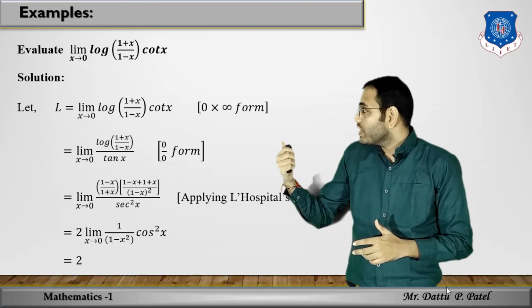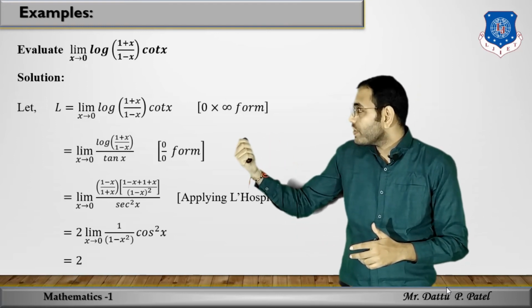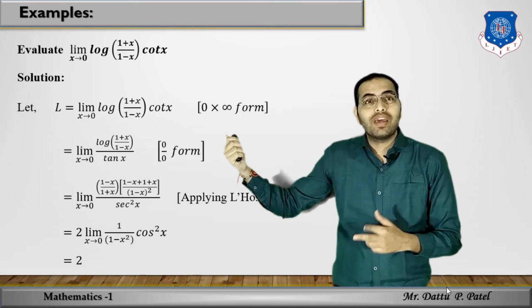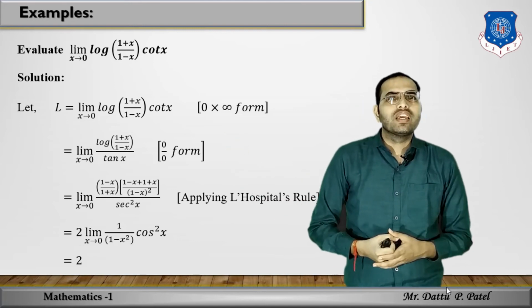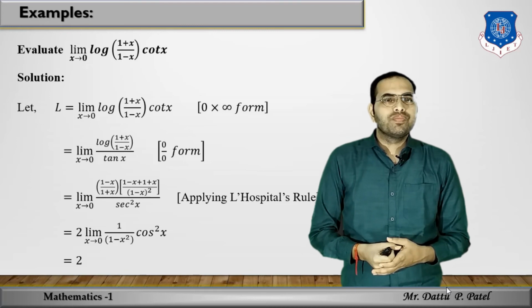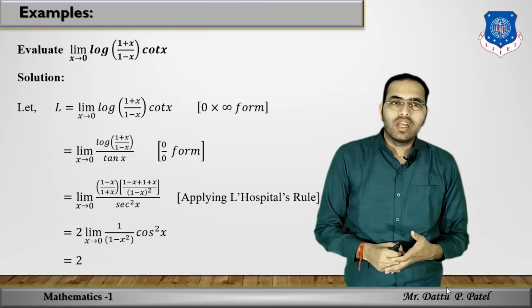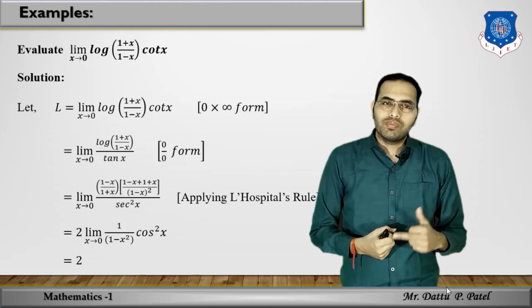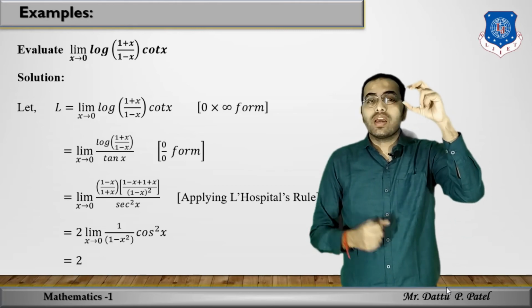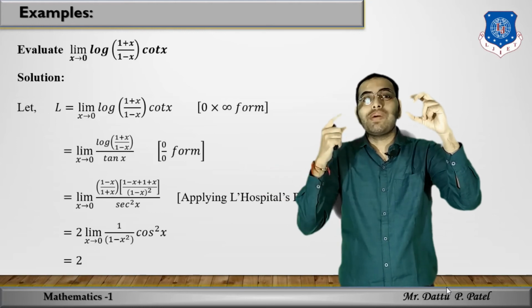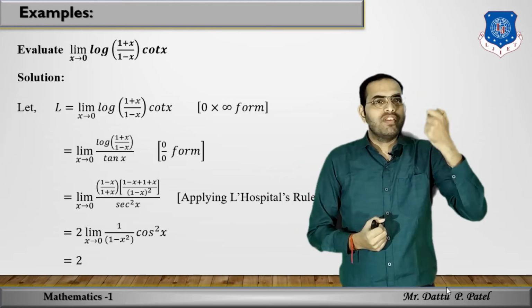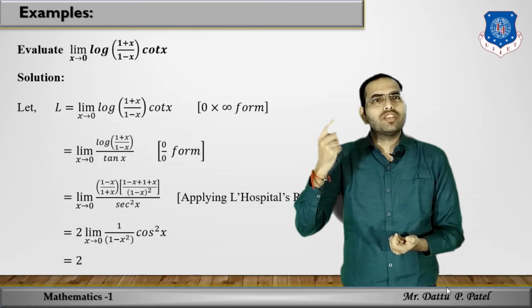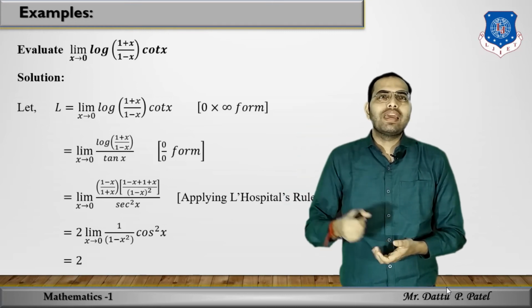Now checking whether the form is 0 by 0 or infinity by infinity, it is the 0 by 0 form. Then according to the L'Hopital rule, the derivative of log x is 1 upon x, so it becomes 1 minus x upon 1 plus x. For the remaining term, again apply the quotient rule, that is d by dx of u by v: v as it is, derivative of u, minus u as it is, derivative of v, divided by v square.